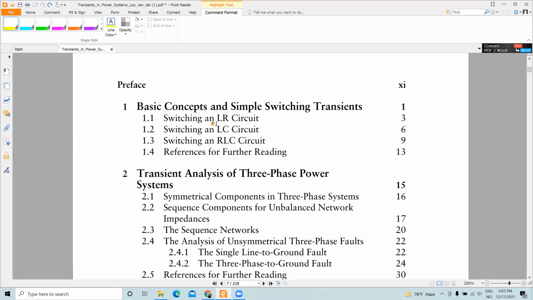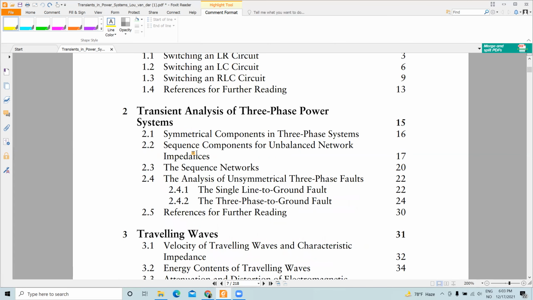So what happens if we switch an RL circuit or LC circuit and RLC circuit in an AC network. And afterwards, in the upcoming classes, we will see the transient analysis in three-phase power system. Many of these things may become familiar to you, like the symmetrical components and the sequence components of unbalanced network, the sequence networks, the analysis of unsymmetrical three-phase faults like this.